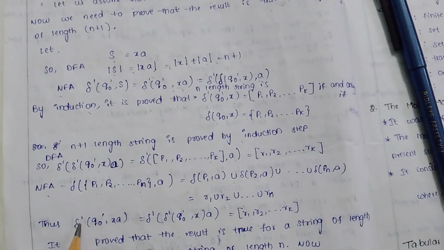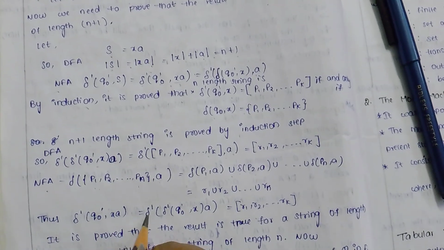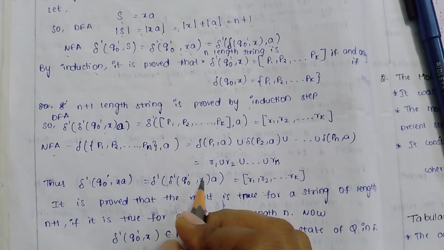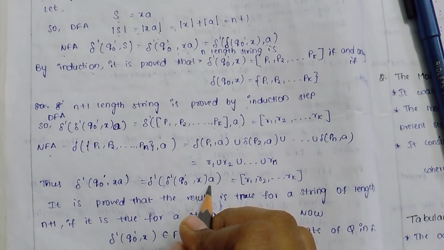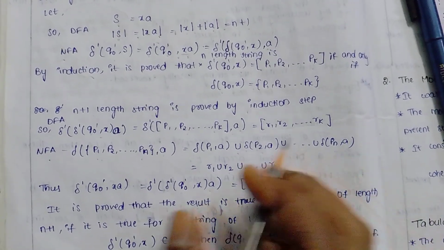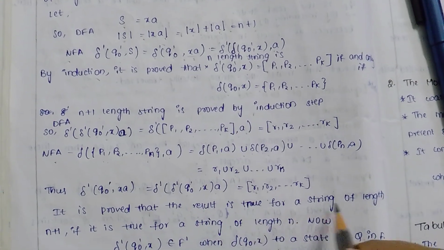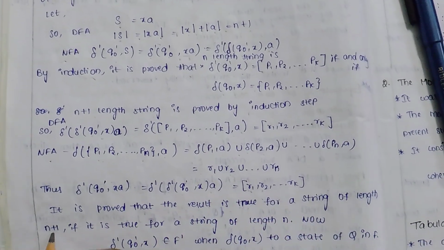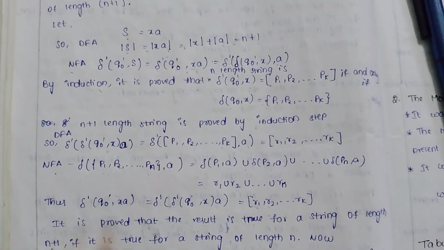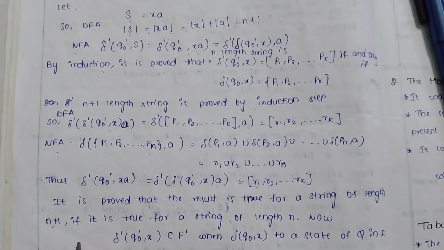Thus δ' of q0', xa equals δ' of q0', x with input a gives r1, r2 and so on rk. So it is proved that the result is true for a string of length n plus 1.